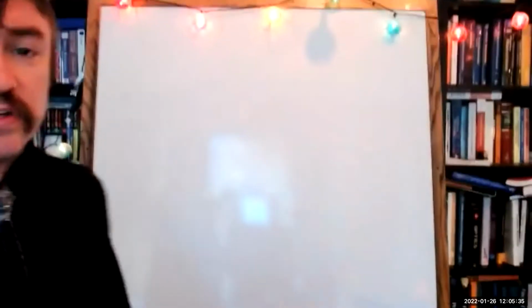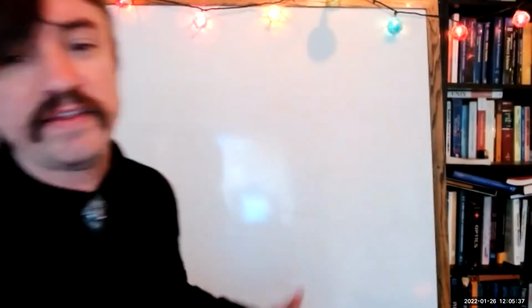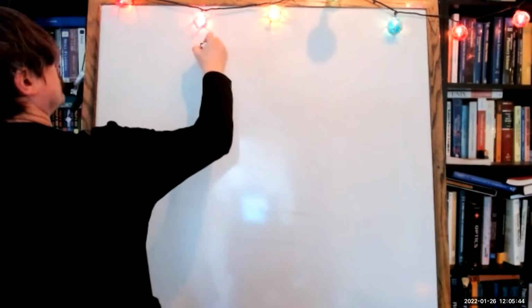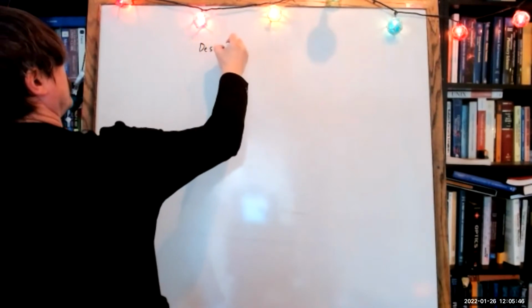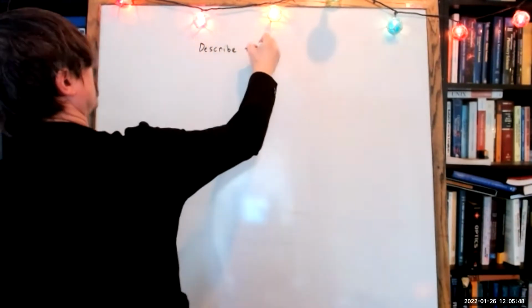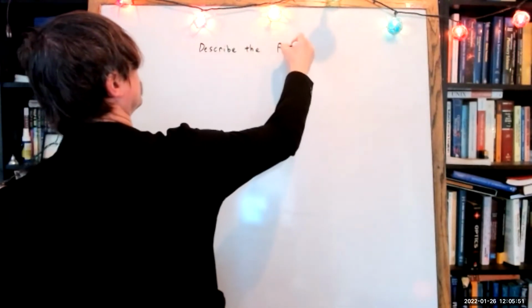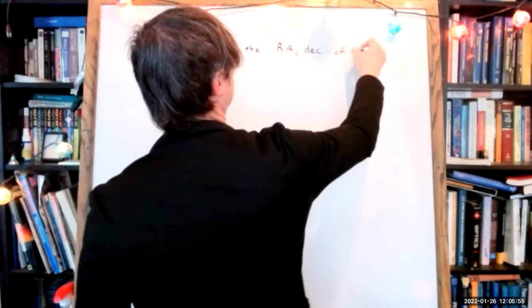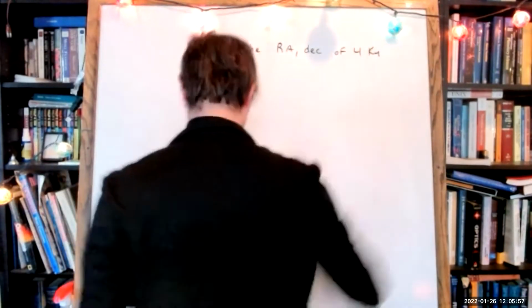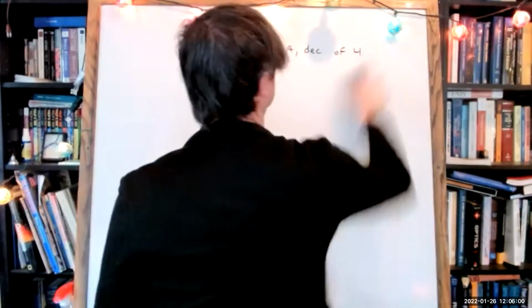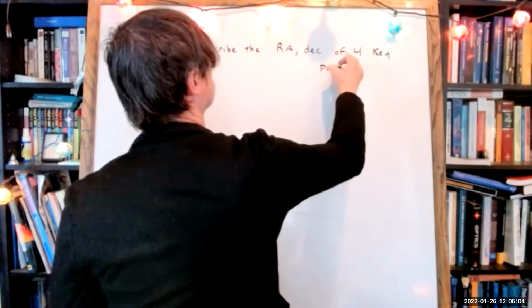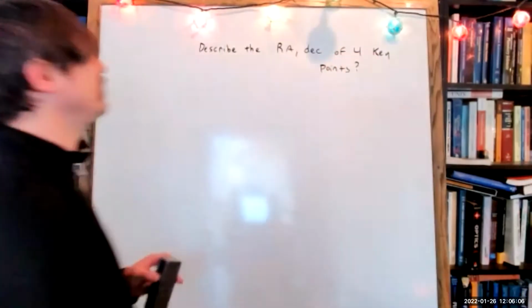What if we wanted to test ourselves with the equatorial system? I did this with my 1020 class, not with you, but I think it's such a good idea that I'd like to do it. Let's describe the equatorial coordinates, the right ascension and declination, of 4 key points on the celestial sphere.